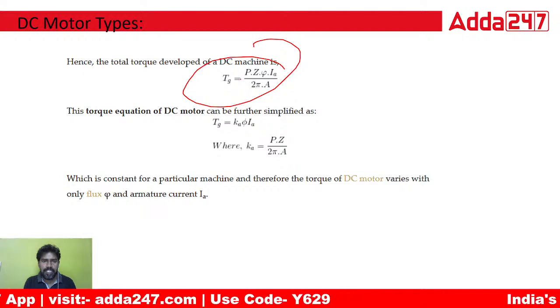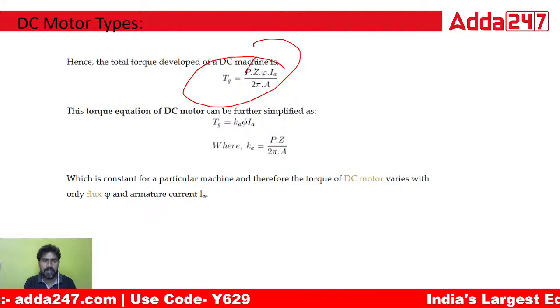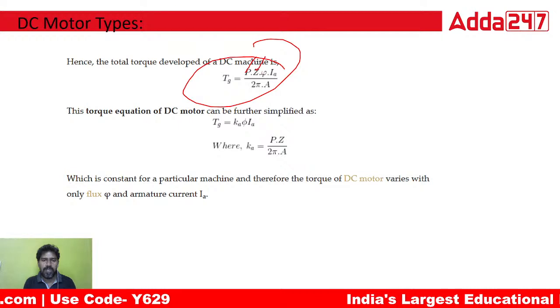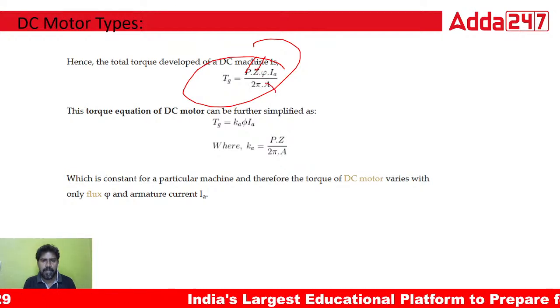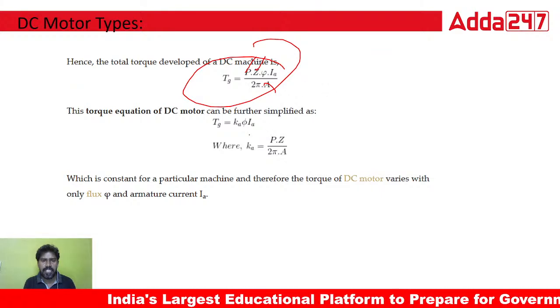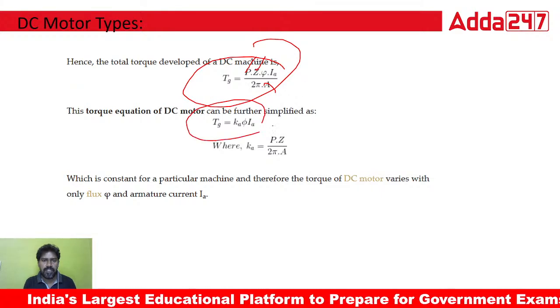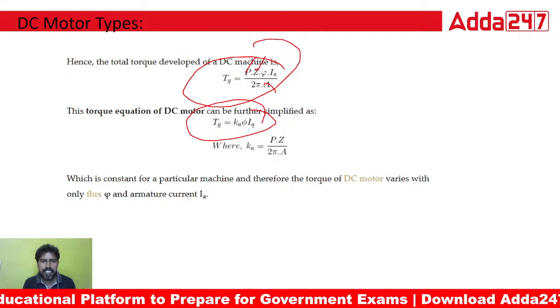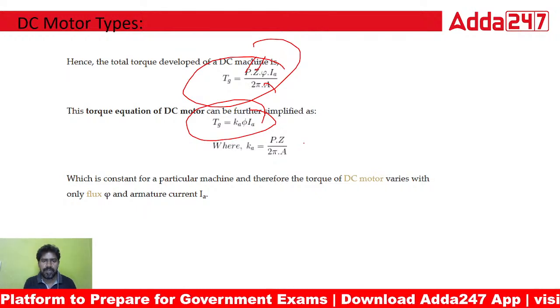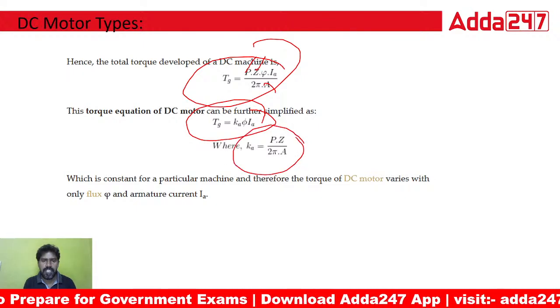As per this, these parameters are constant: poles, total number of conductors and parallel paths, all these are constant. Then we can assume the torque is directly proportional to the flux into armature current. We are assuming this is constant.